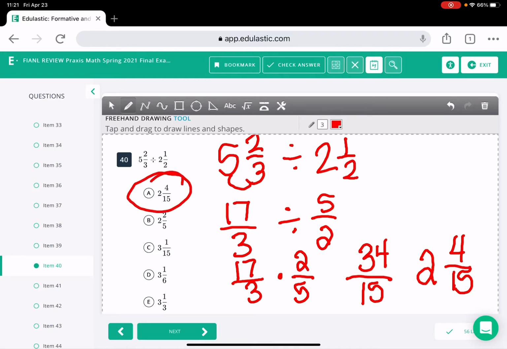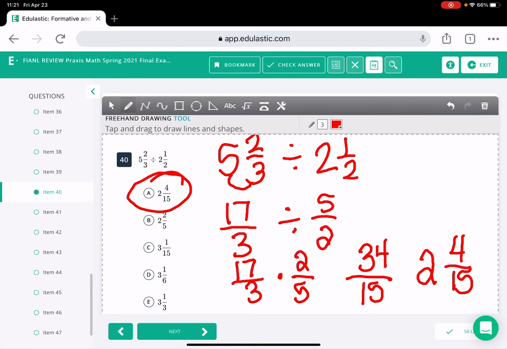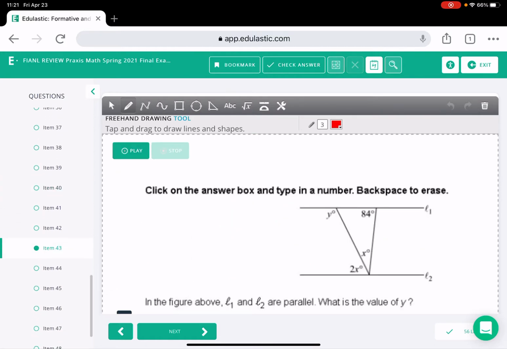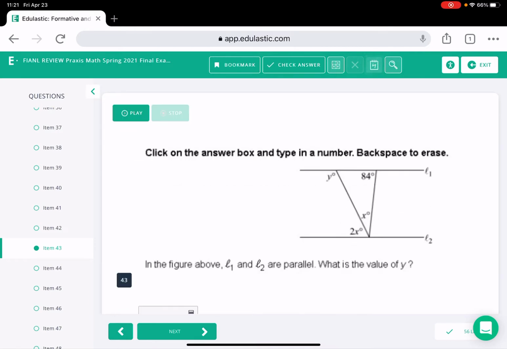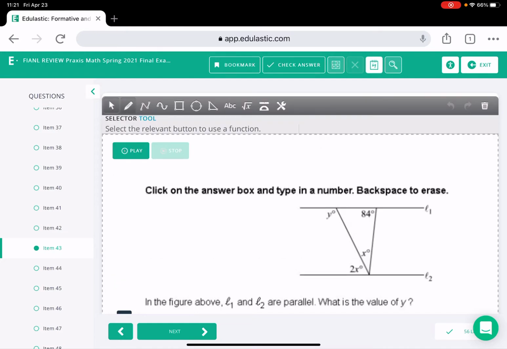Okay, the next number that we wanted was 43. So for 43, what is the value of y? Okay, so what's the best way to do this?